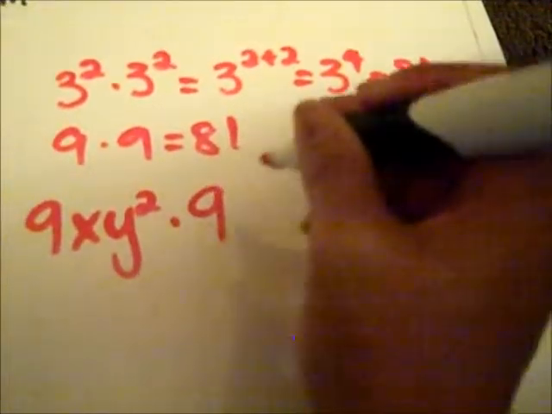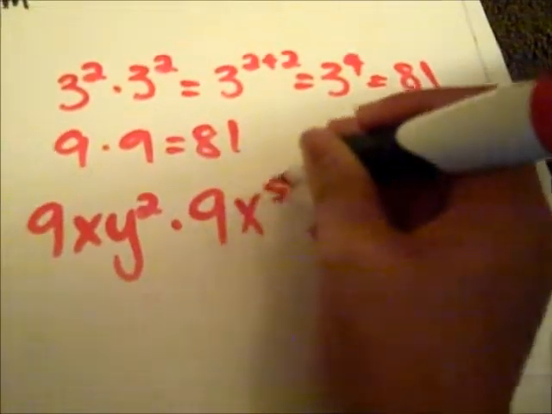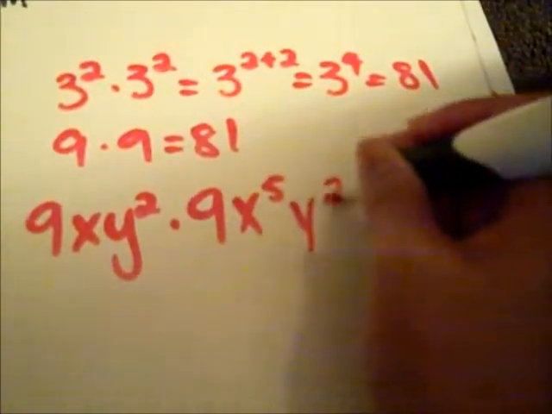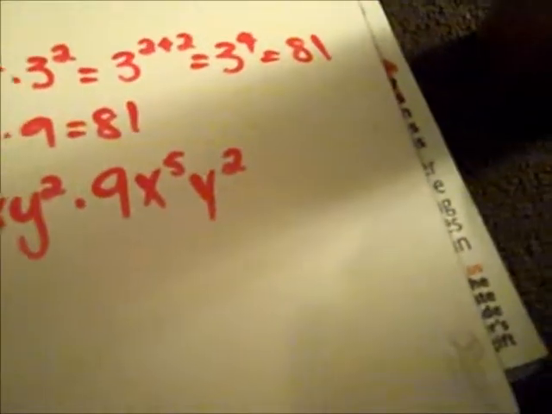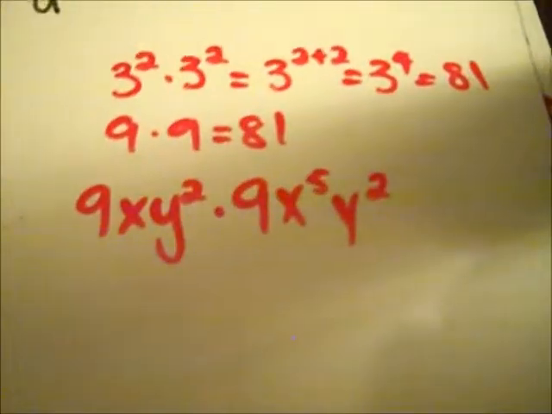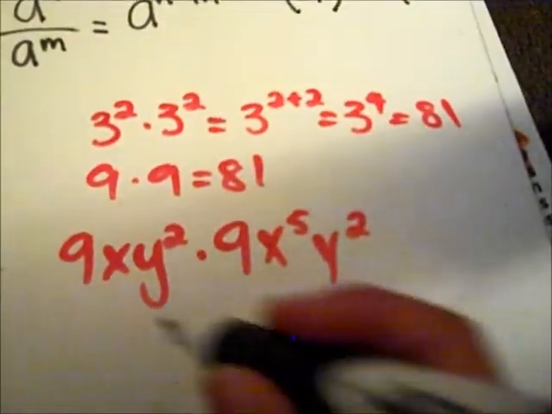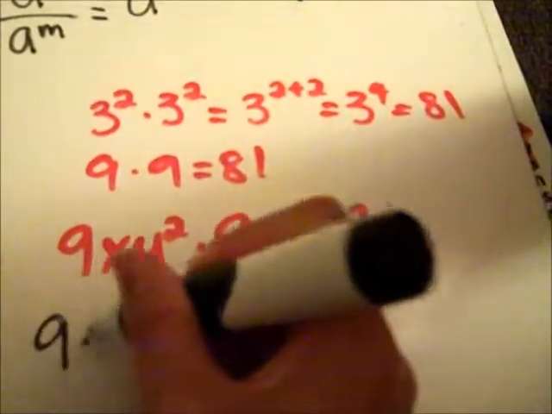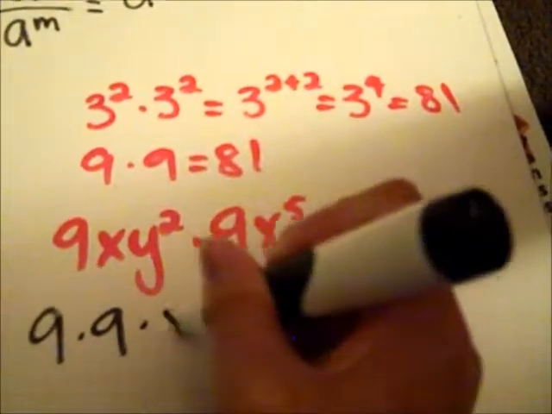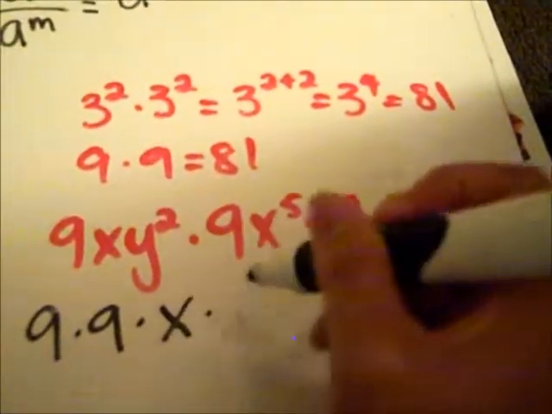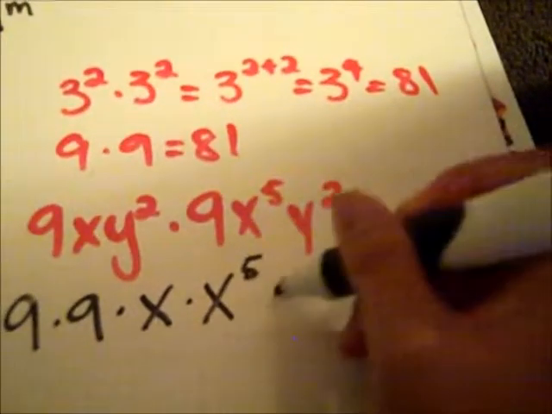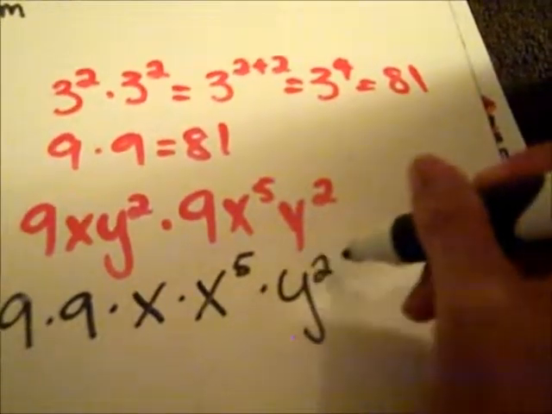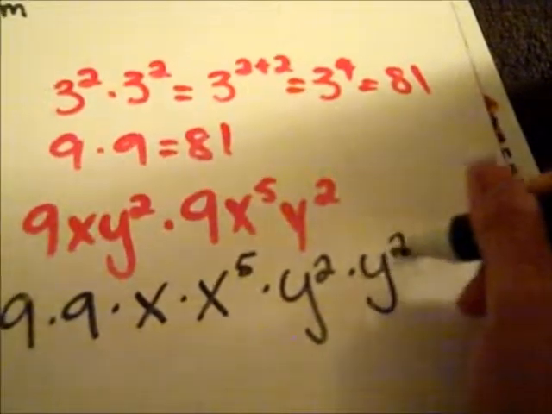Let's say we had 9x times y squared times 9x to the 5th y squared. Okay, so first things first, let's separate these out. So we have numbers here. We have 9, so there's 2 of them. 9 times x times x to the 5th power times y squared times y squared.